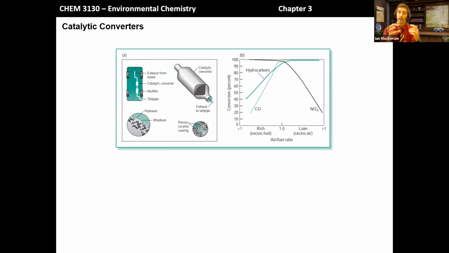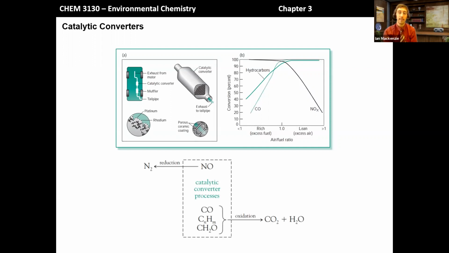And it's in this packed bed that sits between the muffler and the exhaust from the motor. All of the exhaust coming from the engine has to pass through that. And it functions in two ways. It takes nitric oxide emissions and reduces them back to elemental nitrogen, or N2.